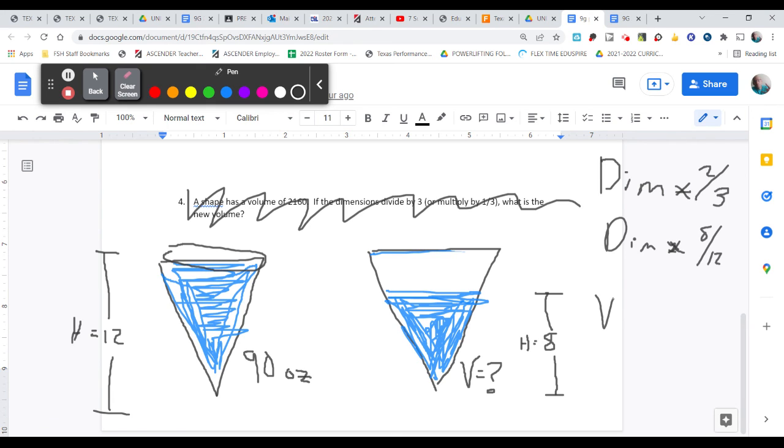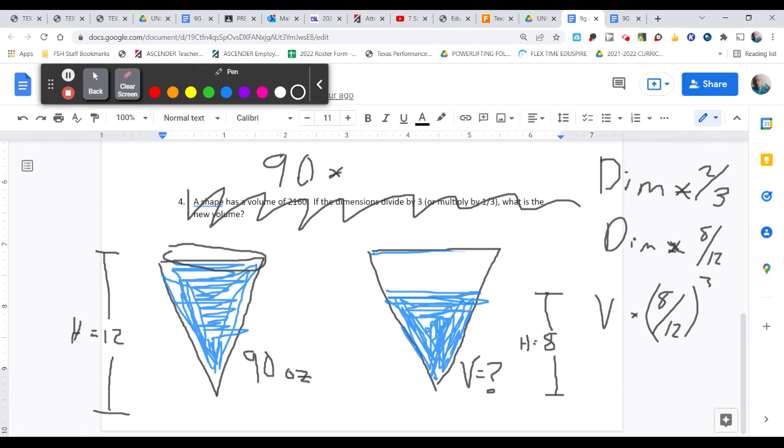What does the volume multiply by? 2/3 to the third power. So the volume multiplies by 8/12 to the third power. What was our original volume? 90, right?